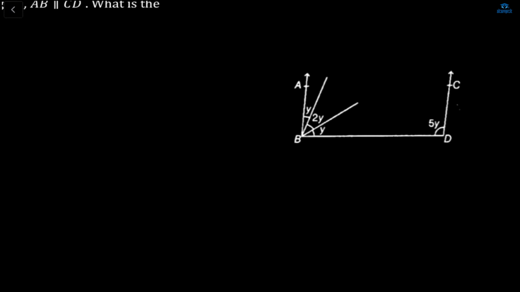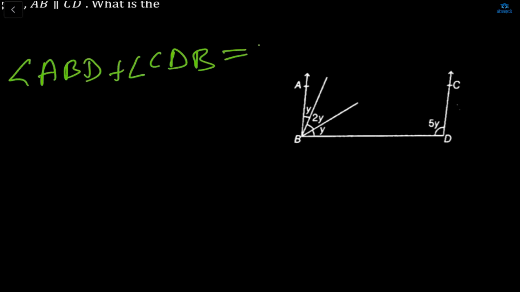If AB is parallel to CD, what will be the relation between angle ABD and angle CDB? Anybody? Angle ABD plus angle CDB will be equal to 180 degree. How? We have just done a theorem that if two lines are parallel, the sum of the interior angles on the same side of the transversal is equal to 180 degrees.